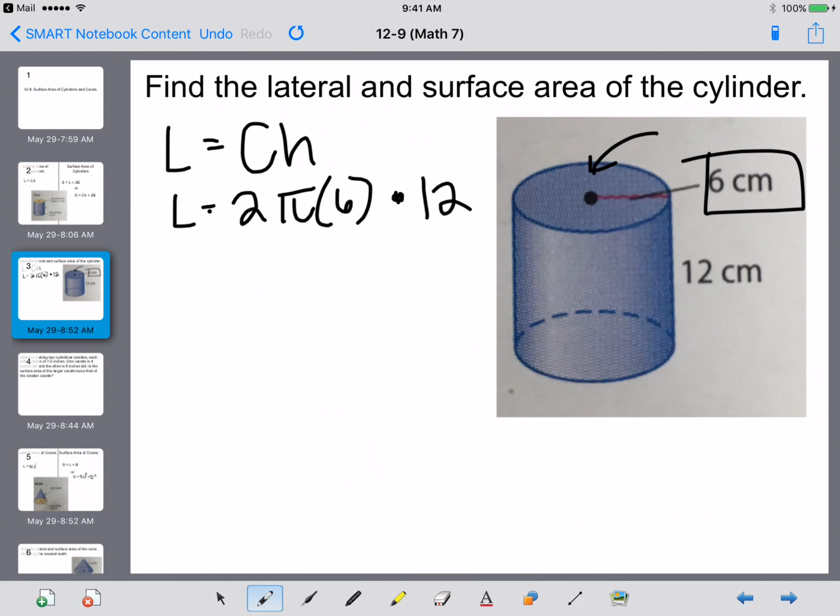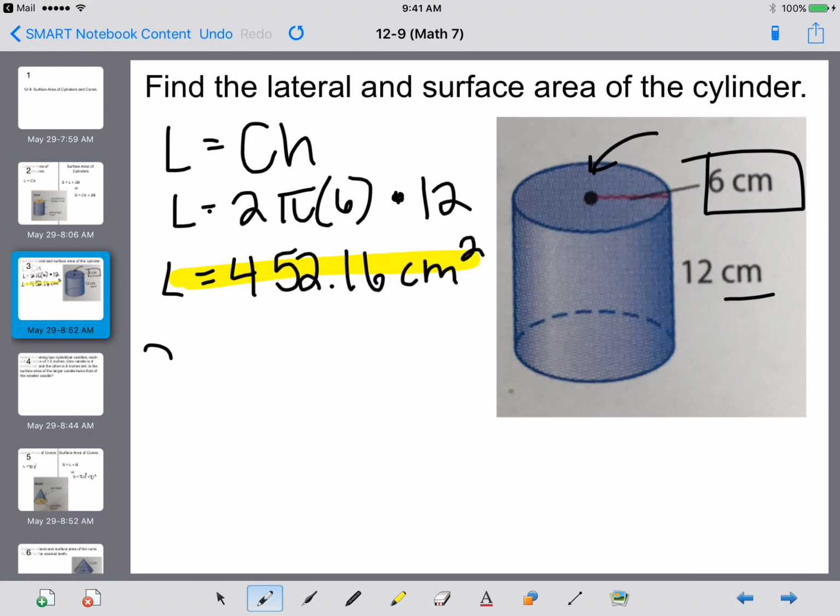I'm just going to punch that into my calculator: 2 times pi, which is 3.14, times 6, and then times 12. So our lateral area of our cylinder is 452.16 centimeters squared. So boom, there's our lateral.